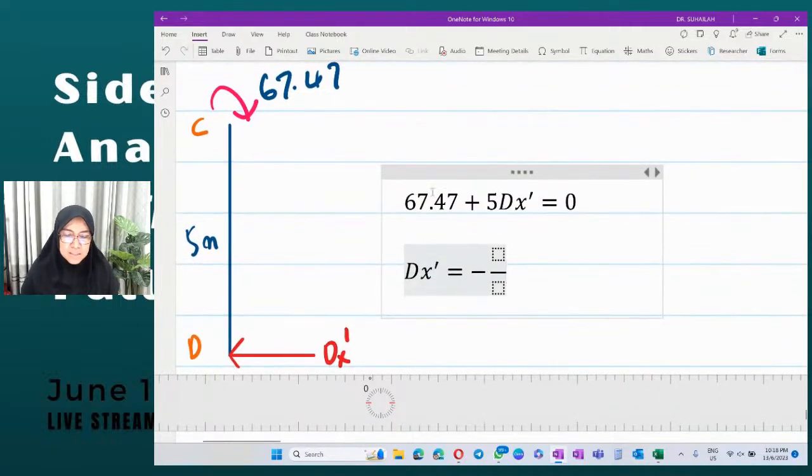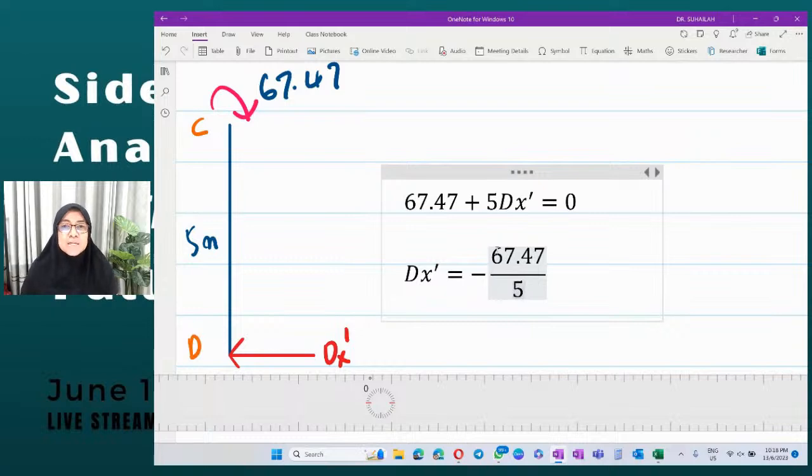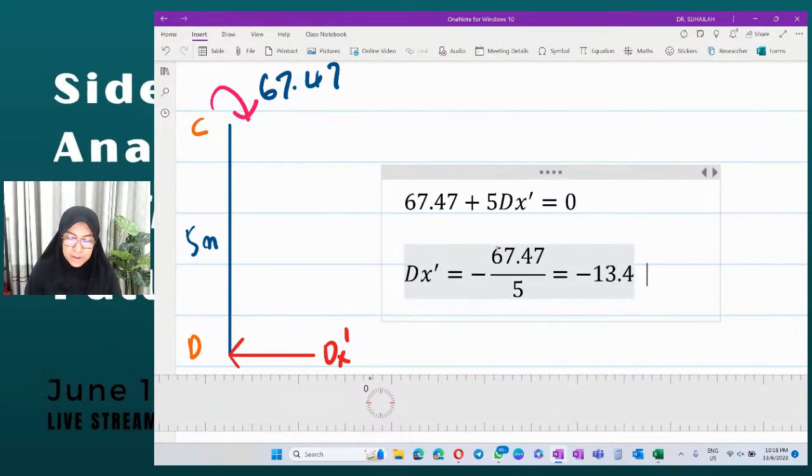67.47 divided by 5. What is the answer for this? Negative 13.494 kilonewton.